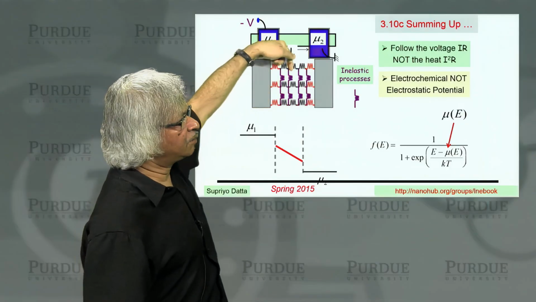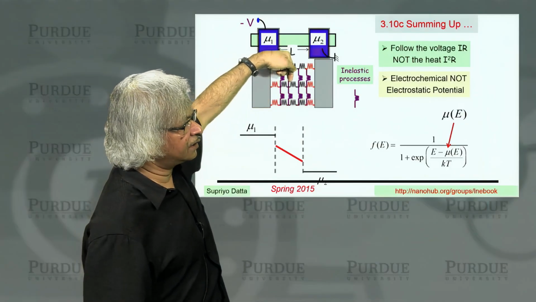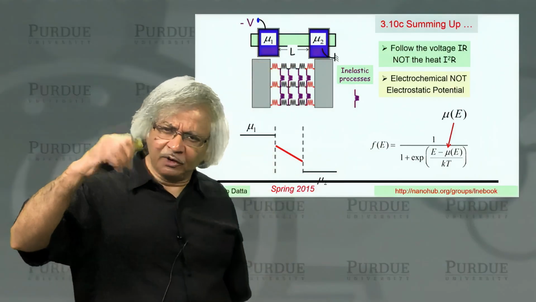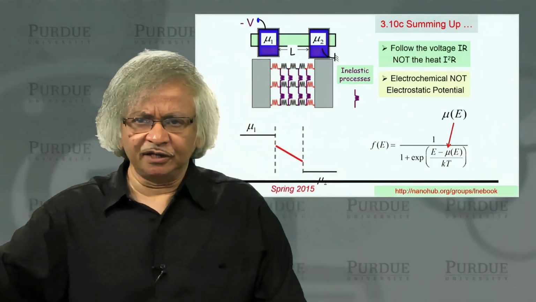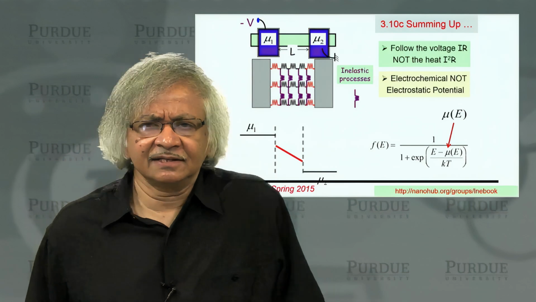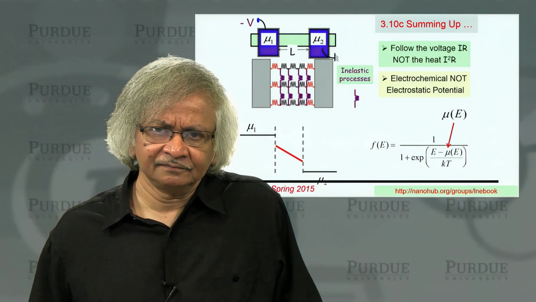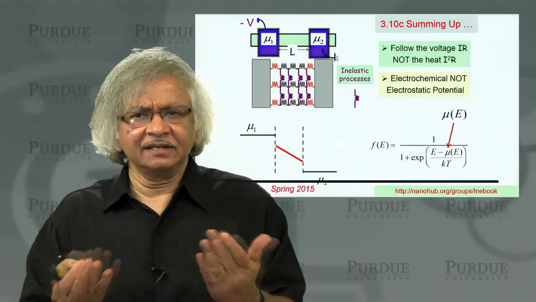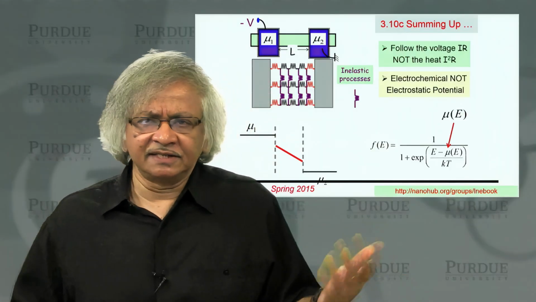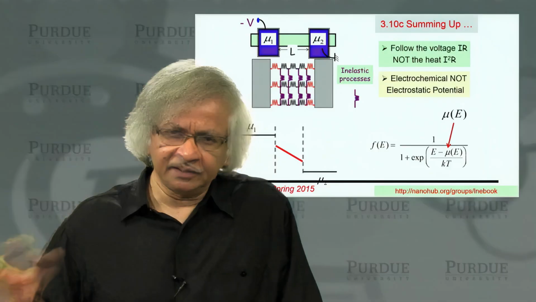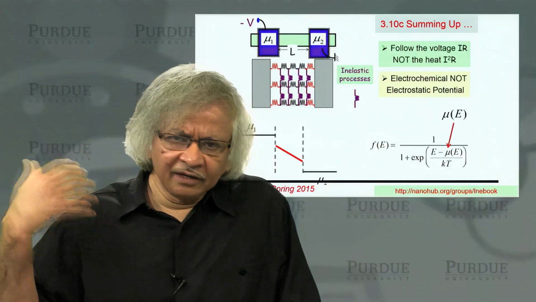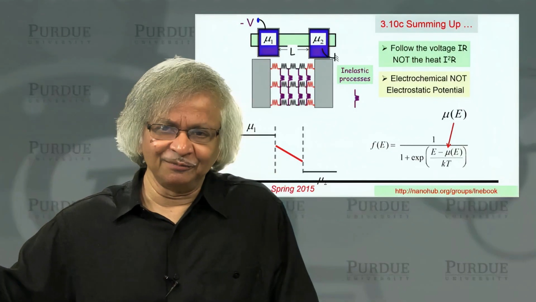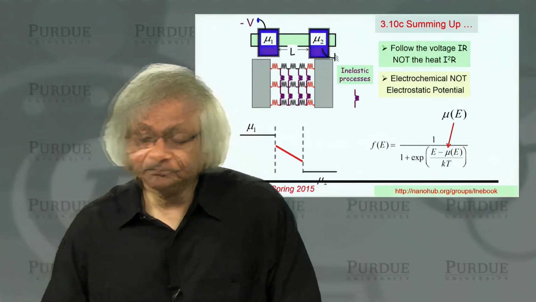And if so, putting a vertical connection between 2 points like this makes no difference. You're connecting 2 points that were already at the same potential anyway. So in that case, inelastic scattering won't make much of a difference, you see. And that is why, usually for low bias ordinary situations, as I said, neglecting inelastic scattering, this picture that we have talked about gives you the exact results that you get straight from solving Boltzmann equation, actually.